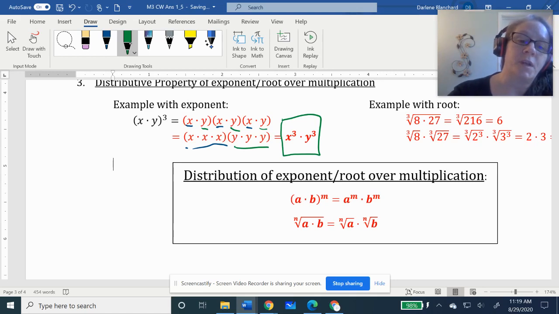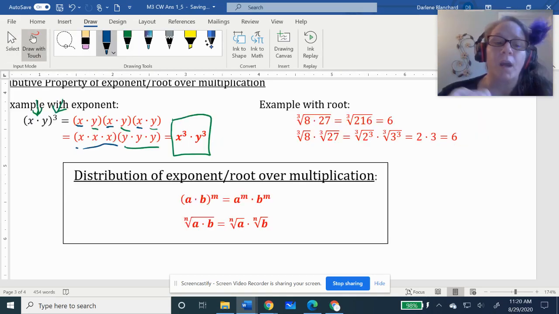Anytime your outside operation is a repeated operation of the inside operation, what you have is a distributive property. Then I'm going to show you the example with roots. I'm actually using numbers.